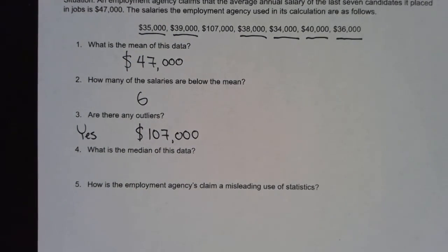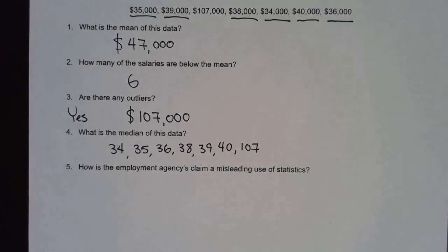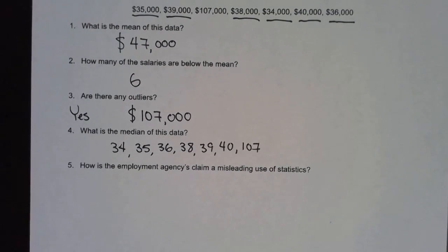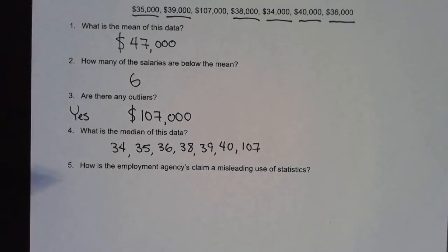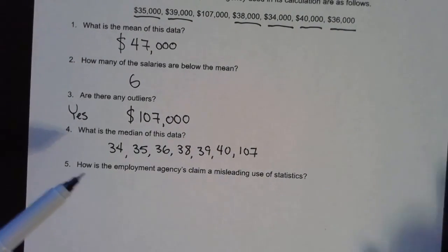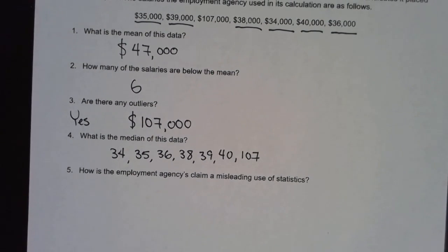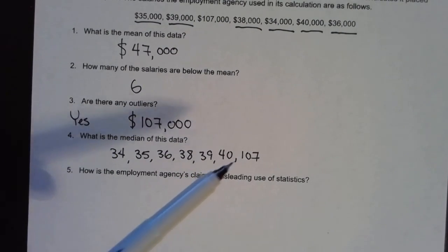And this is what is the median of this data. So let's go ahead and calculate that. The median is another kind of average other than the mean that hopefully we're familiar with. If you forget how to find the median, you need to order the numbers from least to greatest. So I did that here. I dropped off the 3 zeros at the end, but this is 34,000, 35,000, 36,000, 38,000, 39,000, 40,000, 107,000.